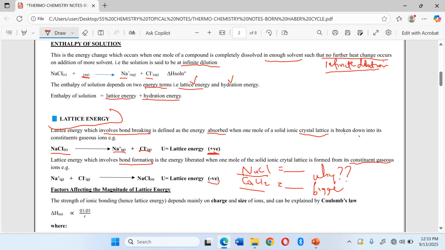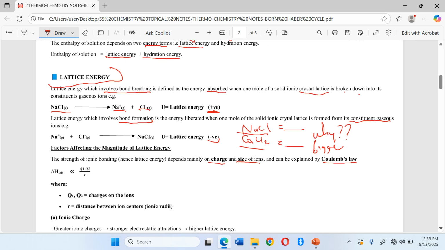We are seeing that the magnitude of lattice energy, the size of the lattice energy, depends on the charge and the size of ions. And this can be explained by Coulomb's law.